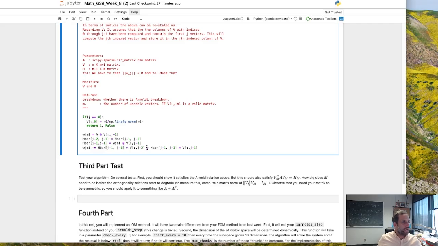So the inner product, let me make sure there's not a typo here. I think there's a typo here. This should be, well, it doesn't matter. This right here needs to be the inner product of avj minus 1 and vj minus 2.